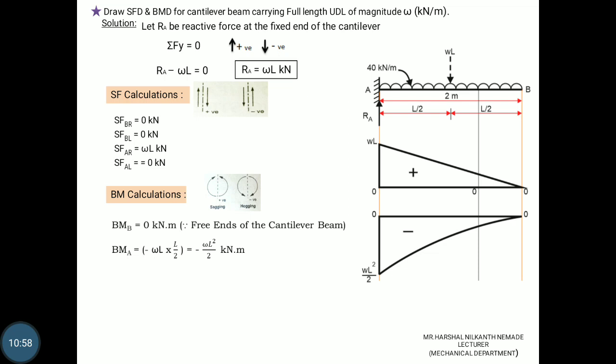Bending moment at point A is minus WL multiplied by L upon 2, which is equal to minus WL square divided by 2 kilonewton meter. I will mark it. In a UDL there will be a parabola in the bending moment, and there will be a straight inclined line in the SFD.